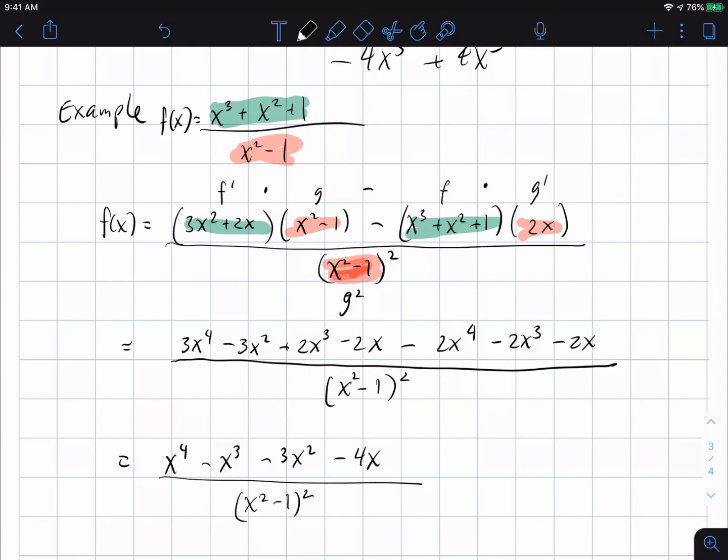Did I do that right? I think there's an x cubed. The x cubed is canceled out. Oh, yes, they're canceled out, not there. Okay, cool, thank you. That's good. So this is just x to the fourth minus x squared minus 4x. Yeah, that's right.